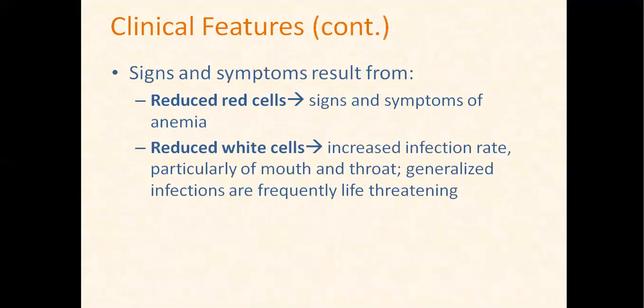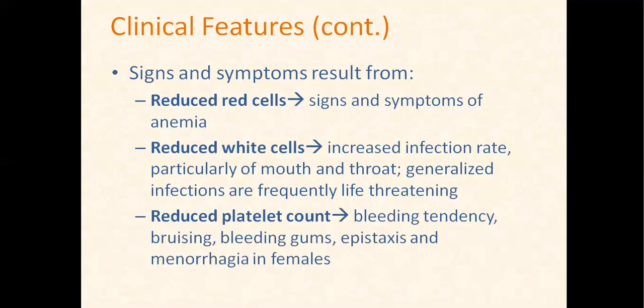The signs and symptoms result from reduced red cells, the signs and symptoms of anemia like paleness, anoxia, fatigability, and from reduced white cells, increased infection. So any condition associated with depression of the protection system, particularly of the mouth and throat, generalized infections, are frequently life-threatening.